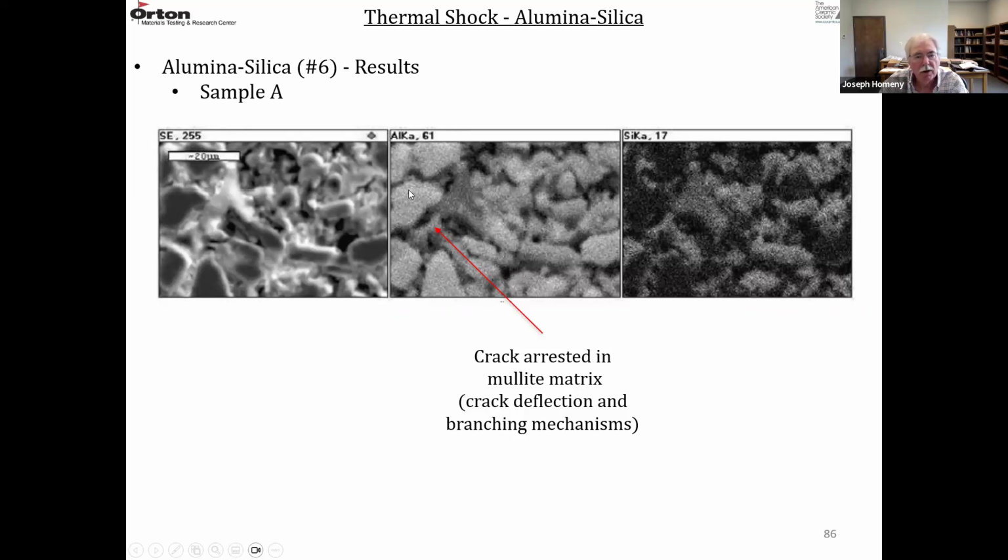They're showing the alumina here, and then silica. This is the mullite matrix, and it's hard to see, but there are cracks arrested in the mullite matrix due to crack deflection and branching mechanisms. When the crack hits the mullite needle-like matrix, there's crack deflection and crack branching to arrest the crack.